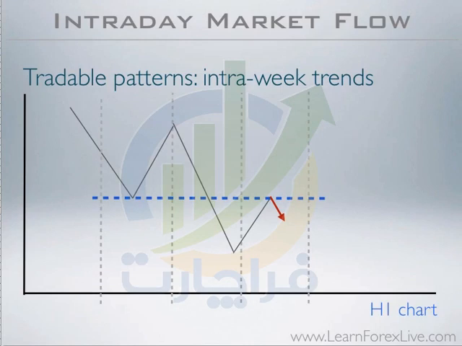Now, as I was saying before, you don't really need gigantic trends taking place over, I don't know, 10 days in a row. No need for that. Intraday trading has a very short memory span, so if you see that price has been more or less trending for 2 days, that's enough. That can be considered an intra-week downtrend in this case.